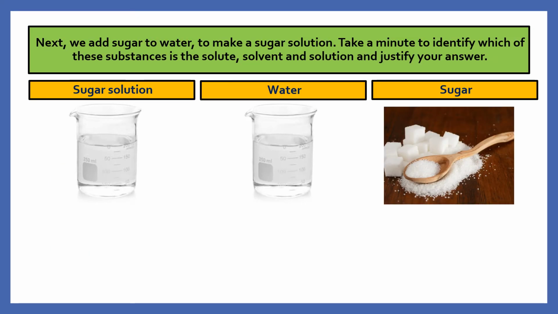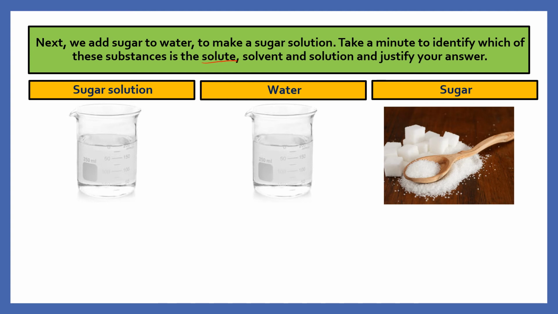Okay, let's have a look at another example, just to try and get that cemented in our minds. Next we're going to add sugar to water to make a sugar solution. I want to identify which of these three substances is the solute, which one is the solvent, and which one is the solution. Let's look at the solute first.